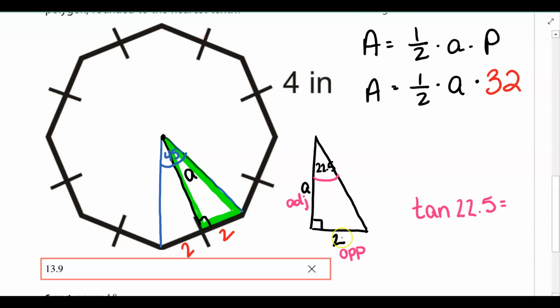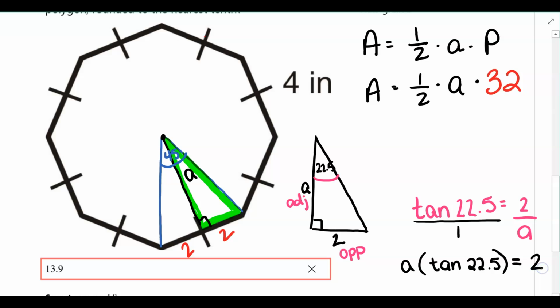That's equal to the opposite side of 2 over the adjacent side, A. At this point, we have to set up our proportion and cross multiply. When I cross multiply in this direction, I have A times tangent of 22.5 is equal to the cross product in this direction, which is just 2.